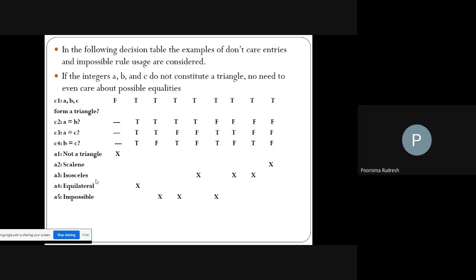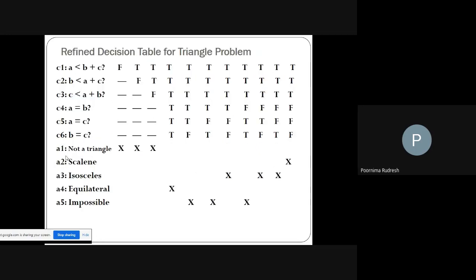refined decision table. See here, we are considering only whether the sides are equal or not. Along with that, we are having the other conditions like whether A is less than B plus C or B is less than A plus C or C is less than A plus B. So that also we are considering.